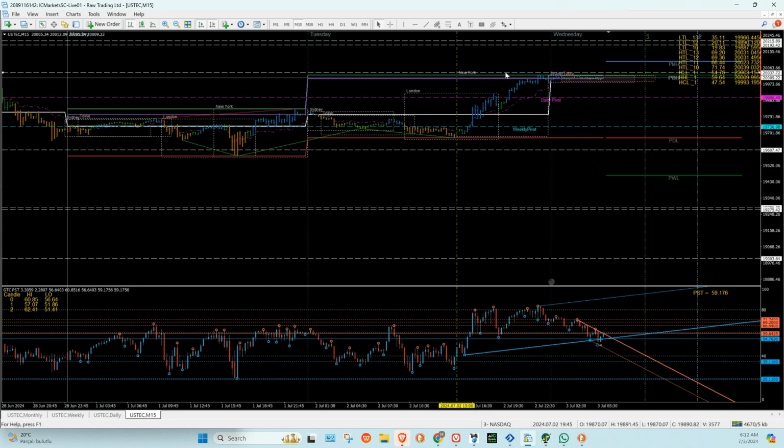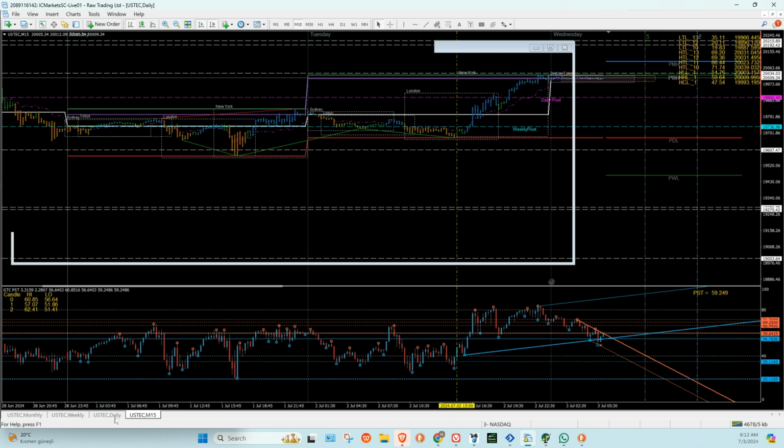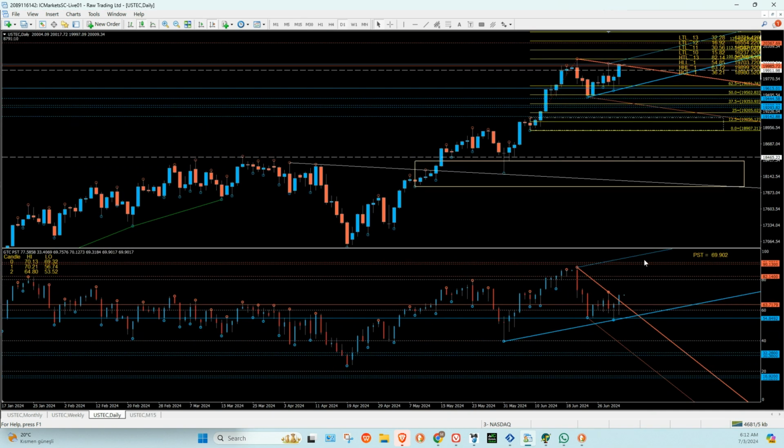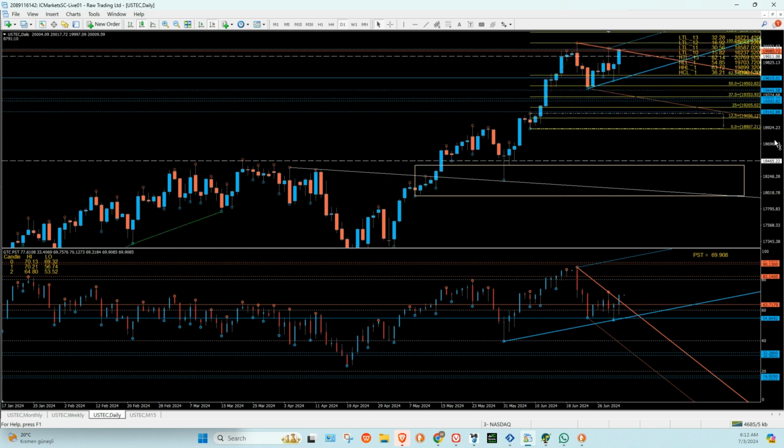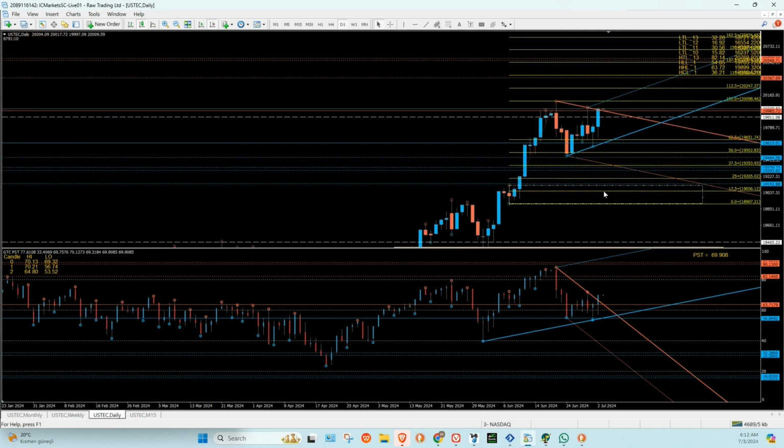If you're using your PST, you're pretty much done. It should hit that. On the daily, that's already a breakout, so this has got room to even go higher, as you can see. It's all good there as well. Upwards motion channel, that hasn't broken down.